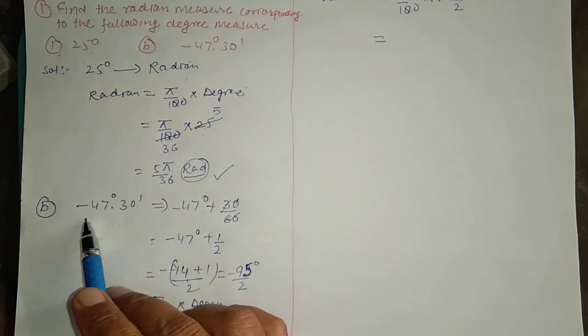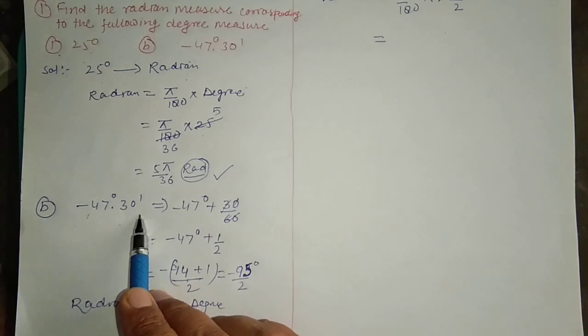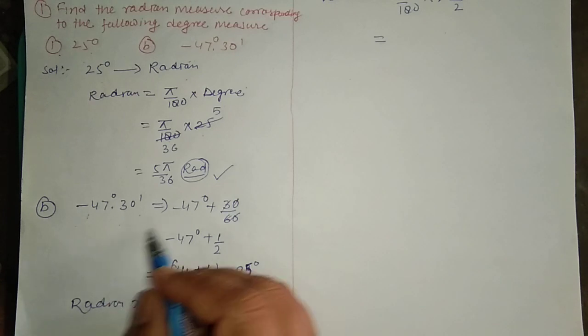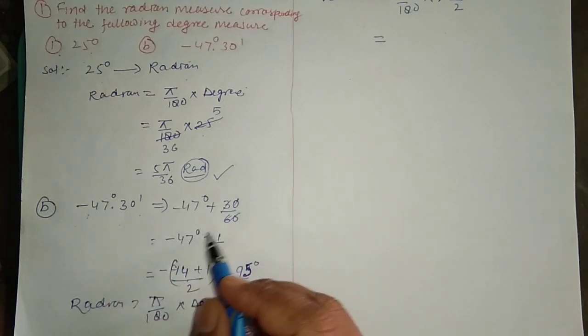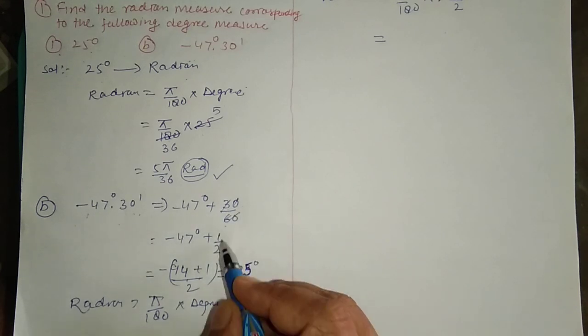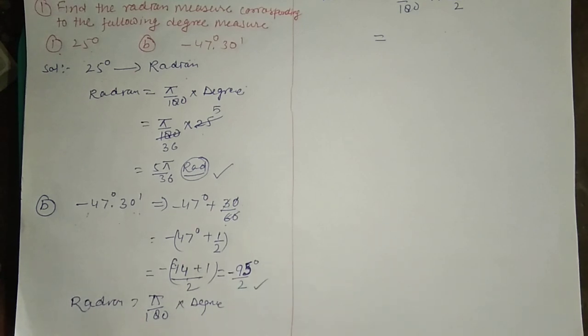Now in the second we have been given 47 degree and 30 minutes. So it is not a complete degree. For that we first have to convert the minutes into degree. So for that we have 30 upon 60 and we write it like that. So now we finally have 94 plus 1, so it is minus 95 upon 2. Now we have to get the radian.